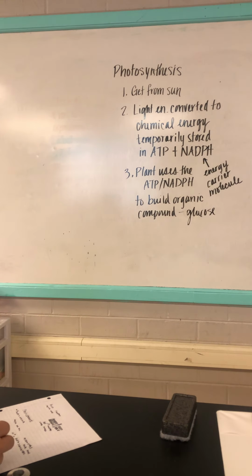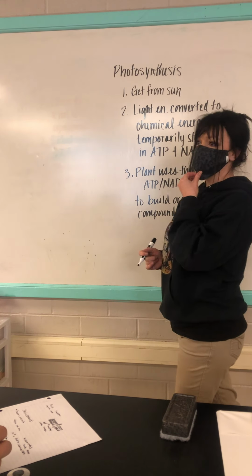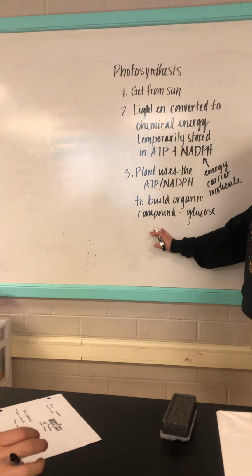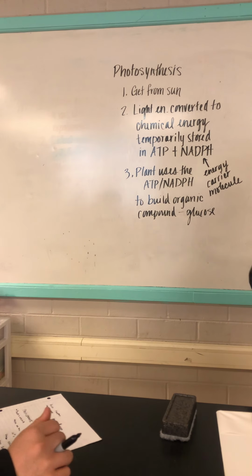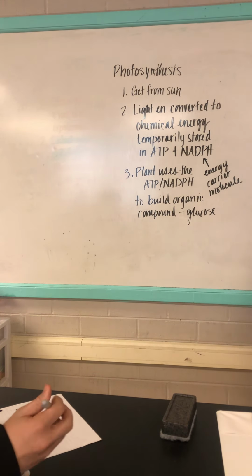Organic just means what? Not as in farming, but in science terms. Natural, something that's living. So this is the molecule that helps the plants live. Organic compounds are basically made out of carbon, hydrogen, and oxygen.